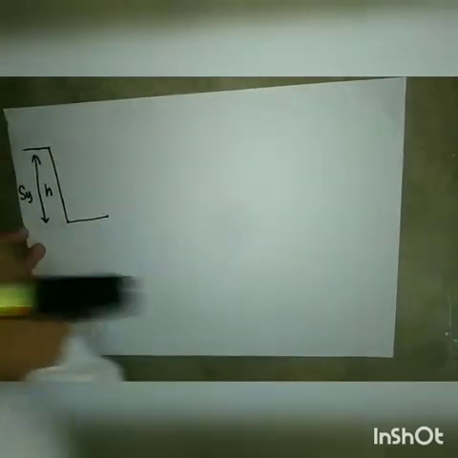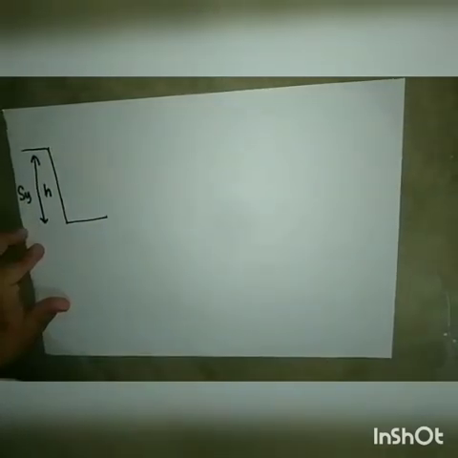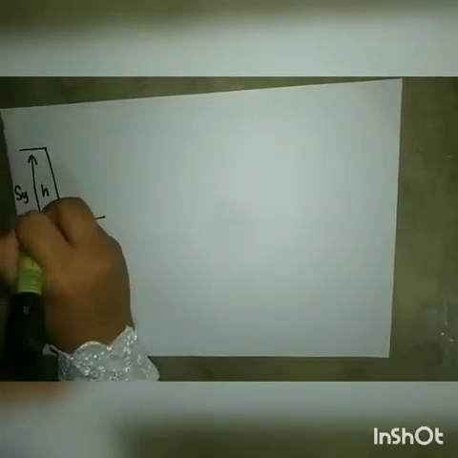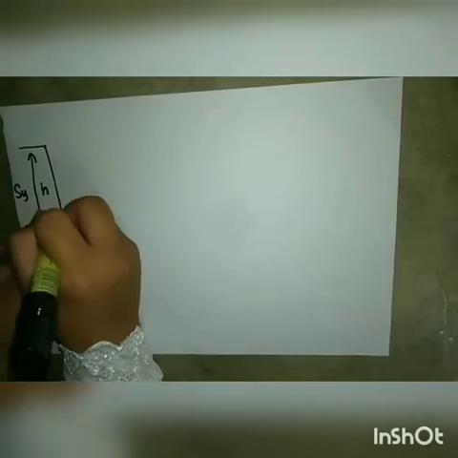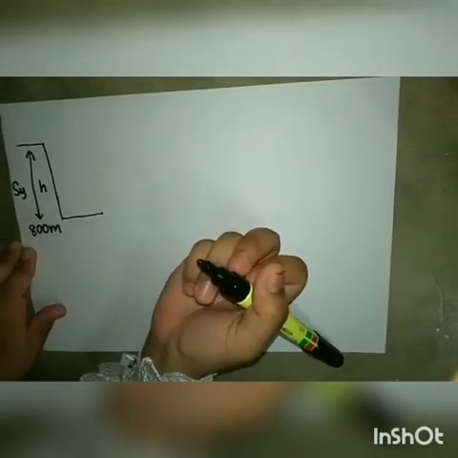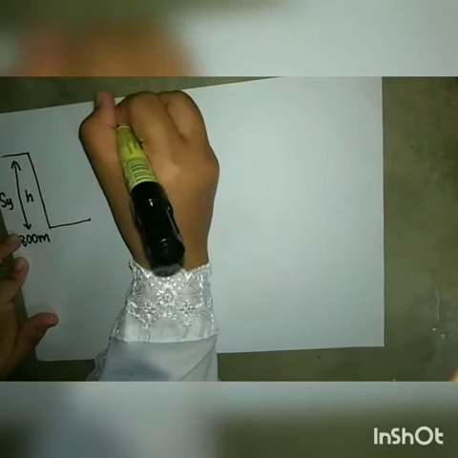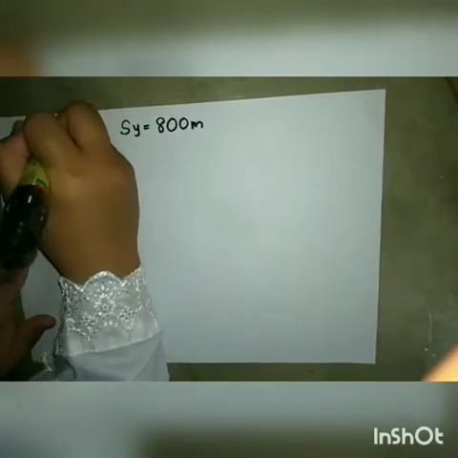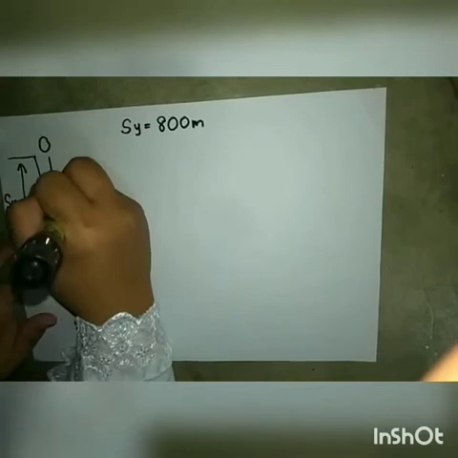The question said 800-meter cliff, so 800 shows the height. So sy equal to 800 meters. So the ball is dropped from here to here.